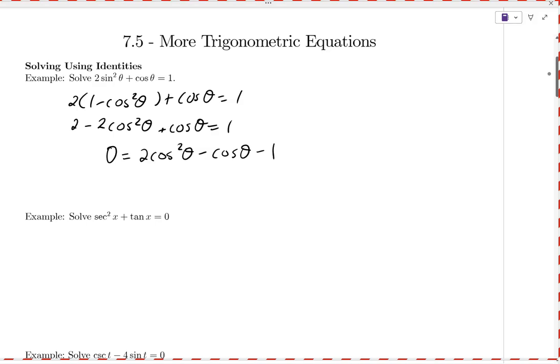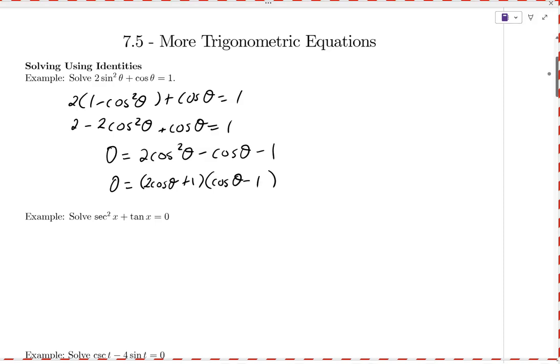And now this, like I said, now looks a lot like what we did last time, right? How does this factor? And then cosine theta minus 1.